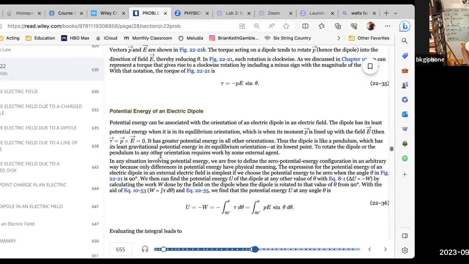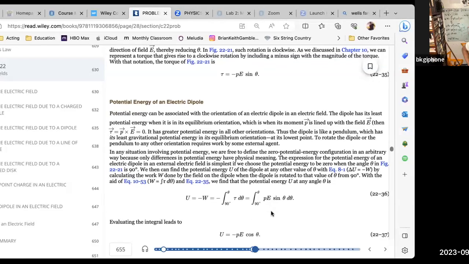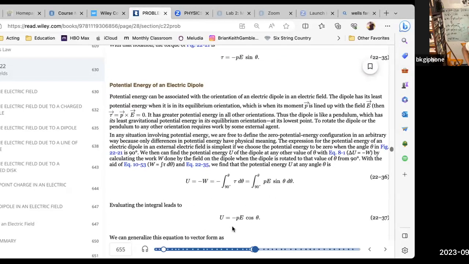So that negative comes from the general definition. It's the same negative sign. So you're using the positive value for torque. So they do that, they get, so that negative sign comes from, so they do get a positive, but then they define.